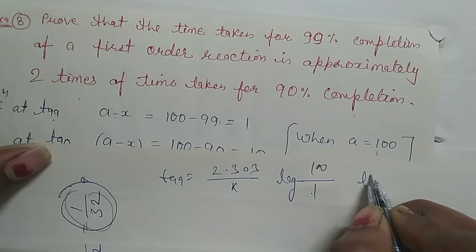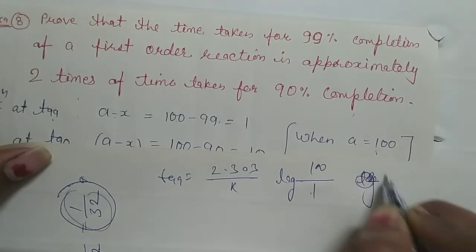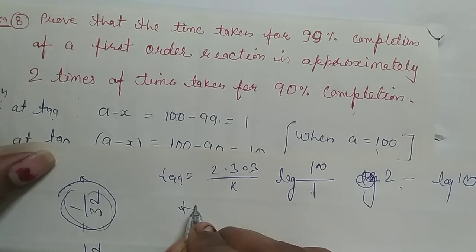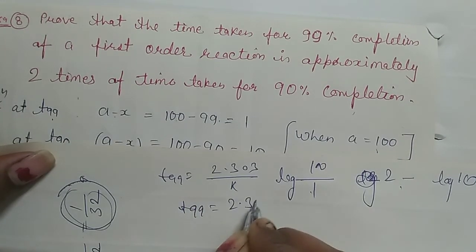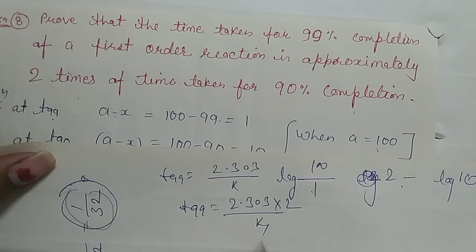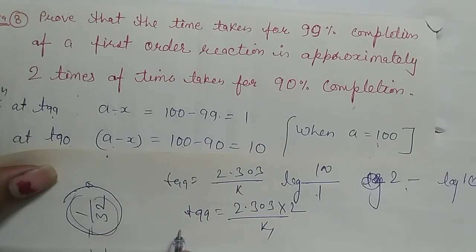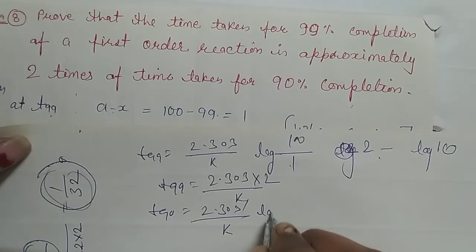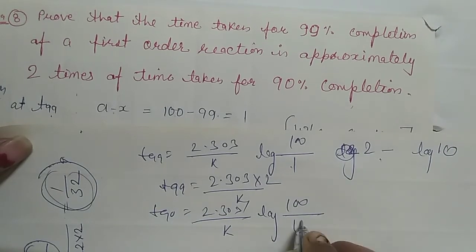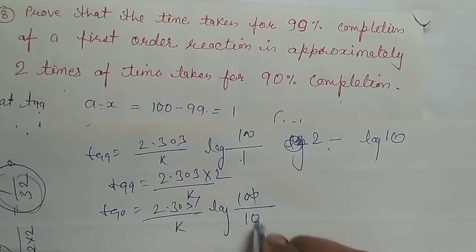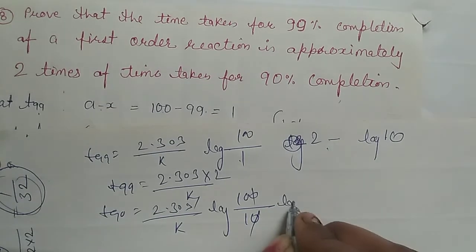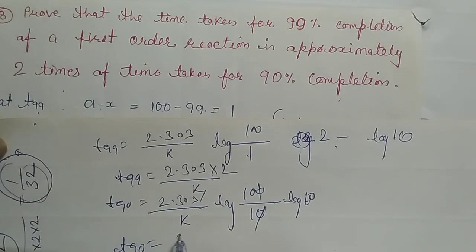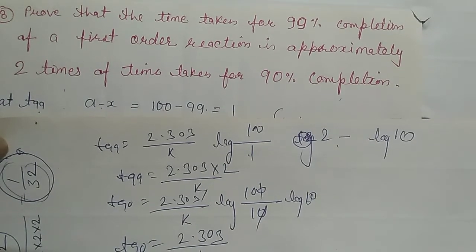Log 100 means log 10 squared, which is 2, so T99 will be equal to 2.303 into 2 upon K1. And T90 will be equal to 2.303 upon K log 100 upon 10. 100 upon 10 means 10, so only log 10 will remain. Log 10 means 1. Then T90 will be equal to 2.303 upon K only.